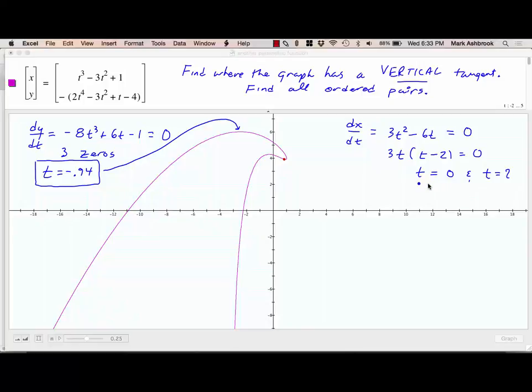We want to know what point we get. What point do we get? 1, 4. Does it make sense with the graph? 1, 4. Right there. And so let's zoom in on that.